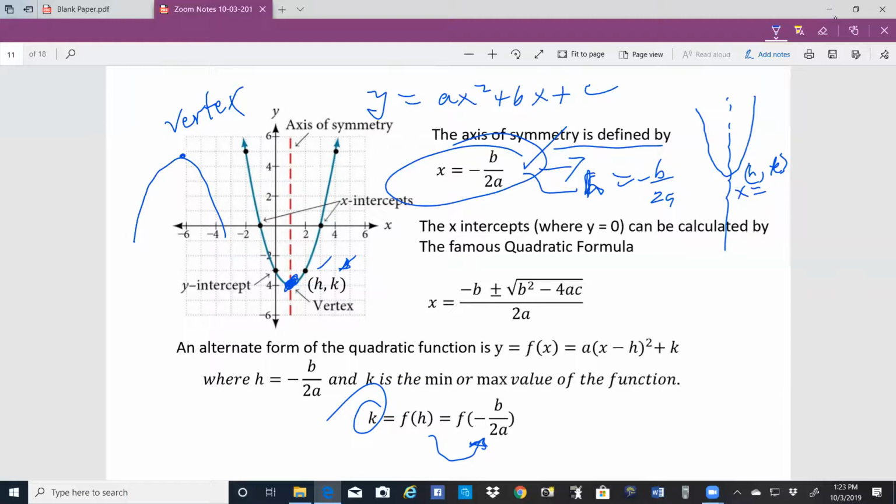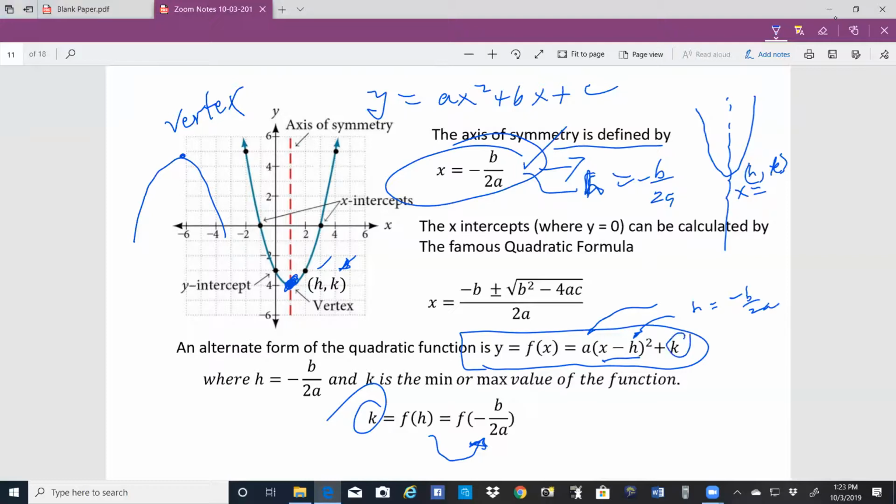Now it turns out there's an alternate form of writing the quadratic equation. It's using the same a times (x minus h) squared, where h is equal to the minus b over 2a.